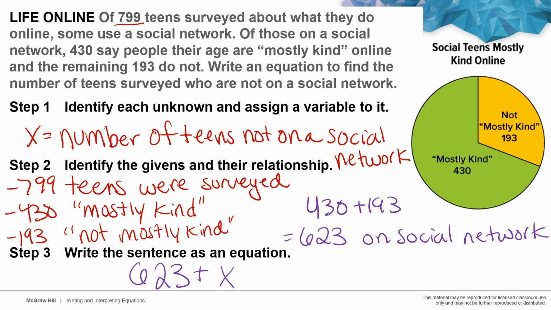That would be equal to the 799, the total amount of people that they surveyed. So the 623 is from all of the kids that are on social media, plus x, those are the ones that are not on social media, which we don't know. And that's equal to the total amount of people that were surveyed, which is the 799. We're not solving yet. They just want us to write the equation, so we're just going to leave our answer like that.